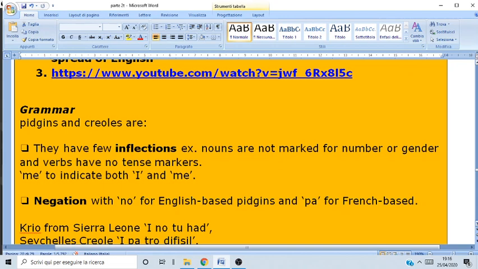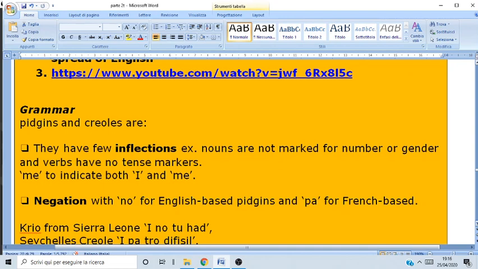Remember that with inflection, a word stays within the same class, but it has a different form. So boy, boys, for instance, in English. This is a process of inflection. Boy becomes plural, boys. You add an S, but the word belongs to the same class. It's still a noun.